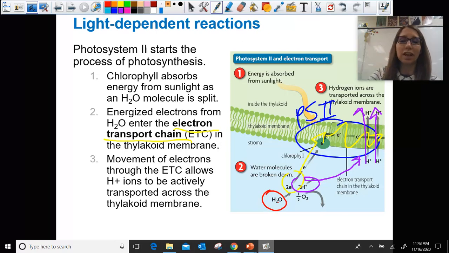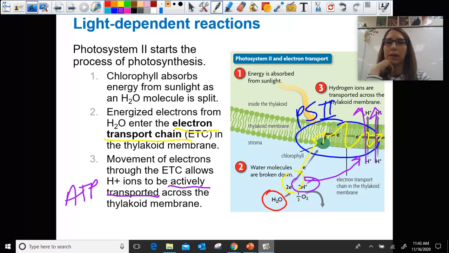In addition, this is an active transport process, which means it's going to require our new favorite molecule, ATP. So we're going to have to move them across the membrane in such a significant way that they don't necessarily want to go that way, okay? There's going to end up being a very high concentration of these hydrogens on the opposite side of the membrane inside the thylakoid. And that's something we know these ions wouldn't naturally want to do on their own, okay?